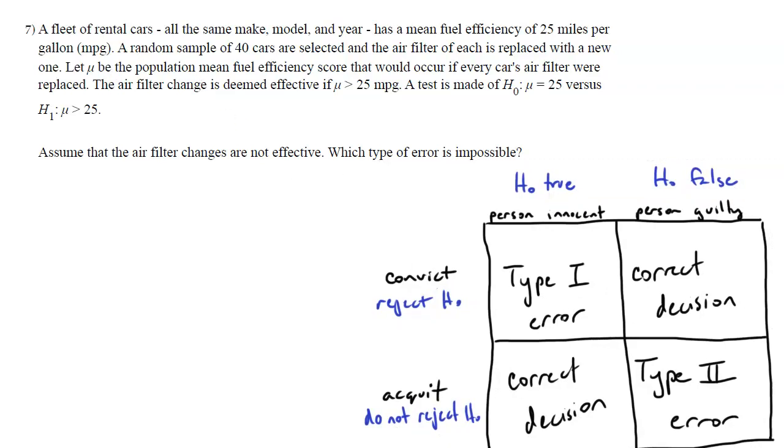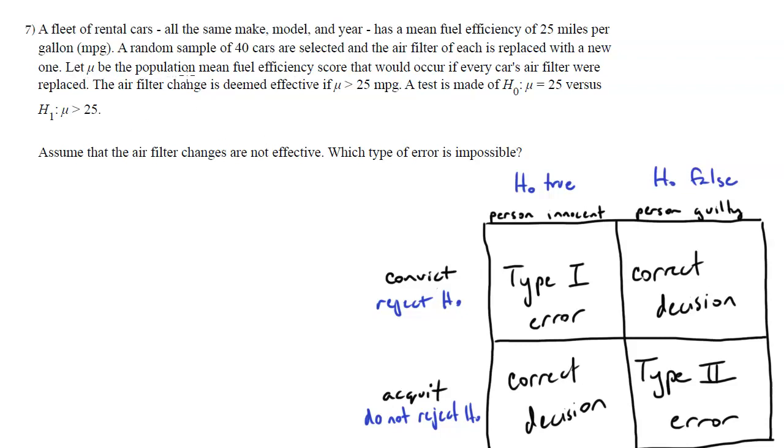So a fleet of rental cars, all the same make, model, and year, has a mean fuel efficiency of 25 miles per gallon. So that's the population. We take a sample of 40 cars, and the air filter is replaced with a new one. So we did something, right, for these 40 cars.